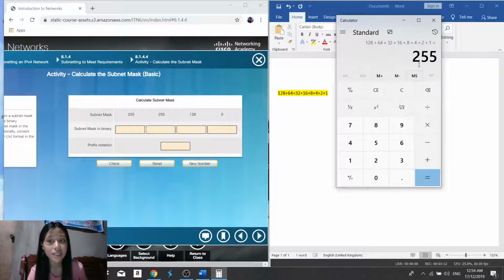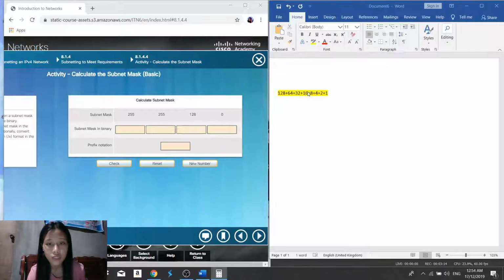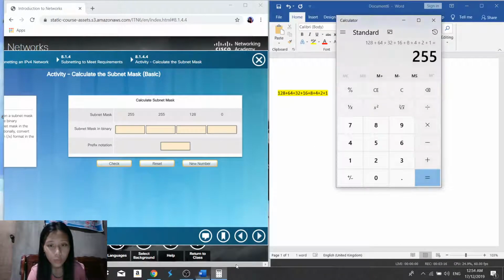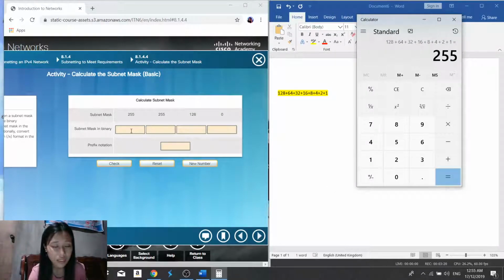As you can see, the total of these numbers is 255. So this one is all 1s: 128, 64, 32, 16, 8, 4, 2, 1. So 1, 2, 3, 4, 5, 6, 7, 8.